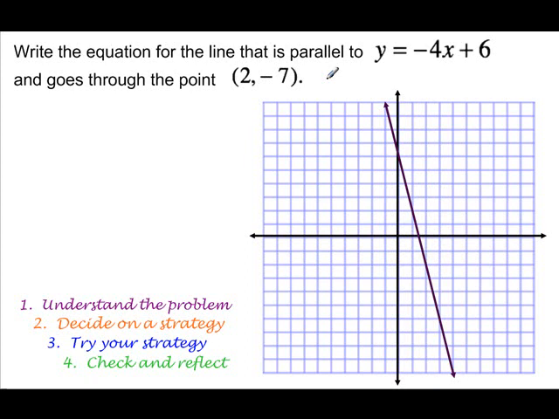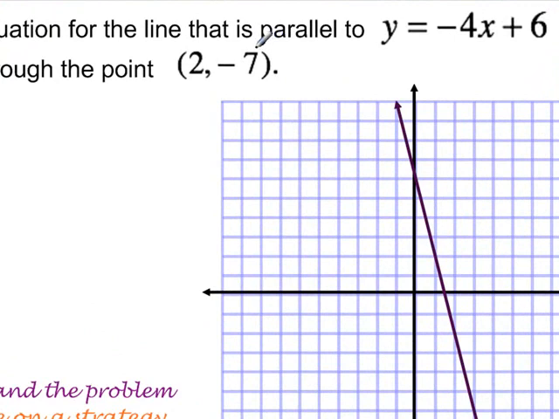So let's get started. There are some key bits of information here. One is that our line is parallel to this line, and another is that it's going through this point, (2, negative 7). Now, what does parallel mean?